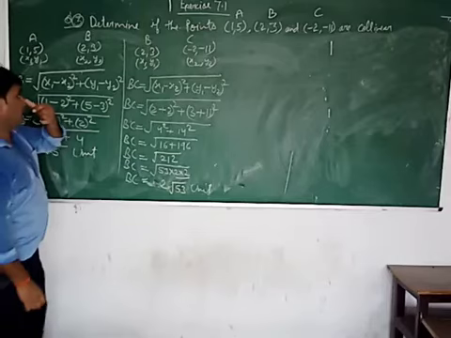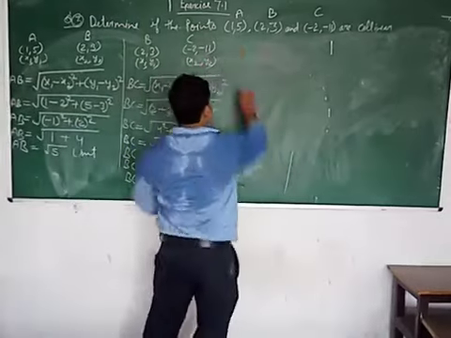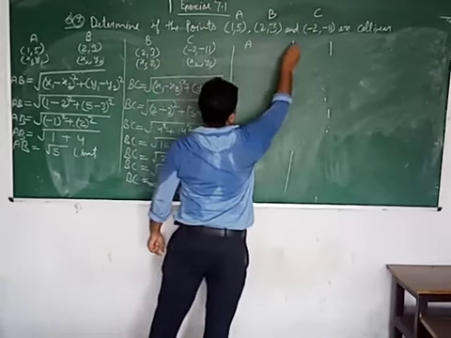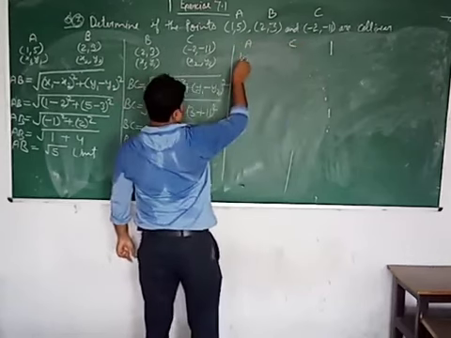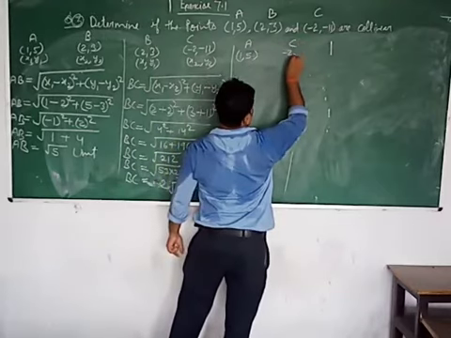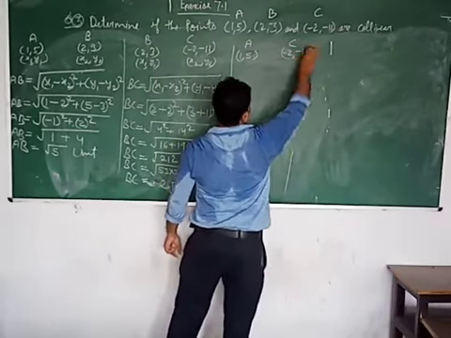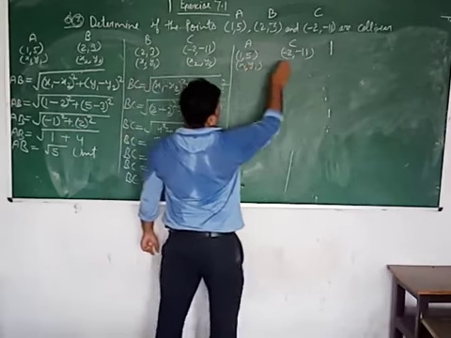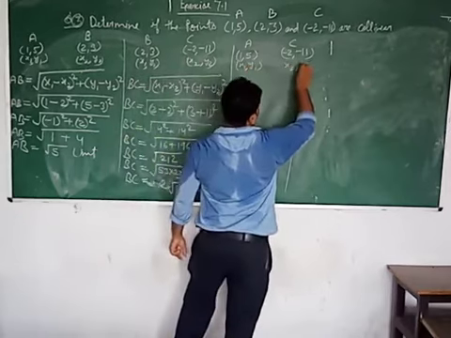Now find AC. A is (1, 5) and C is (-2, -11). Mark these as x1, y1 and x2, y2.